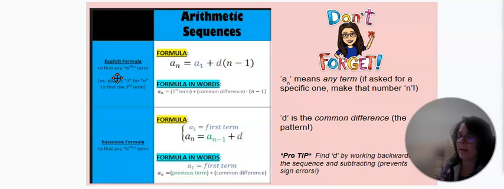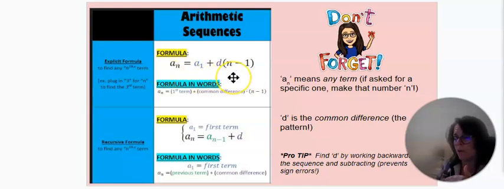So no matter what, as long as we have certain information, we could find the 75th term if we want to, or the 107th term if we wanted to. And what we need to do that is we have to know the first term, a sub 1, and we have to know the common difference, d. With those two pieces of information, you can find any term.